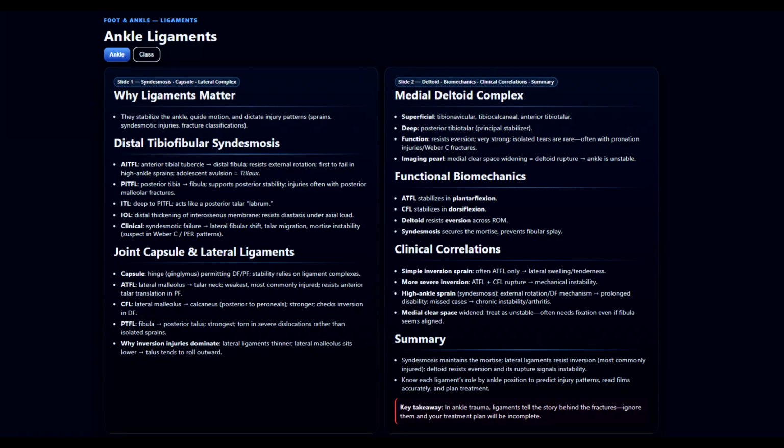The medial ligaments, the deltoid complex. On the medial side, stability is provided by the deltoid ligament, a broad, fan-shaped complex divided into superficial and deep components.